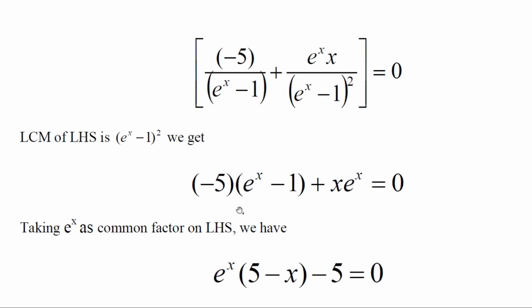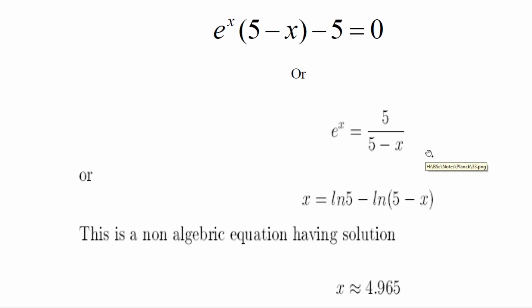If I multiply it by minus 1, I get 5 e^x minus 5 minus x e^x equal to 0. Now taking e^x as common factor on the LHS, I have e^x (5 minus x) minus 5 equal to 0, or e^x (5 minus x) equal to 5, or e^x equal to 5 by (5 minus x).